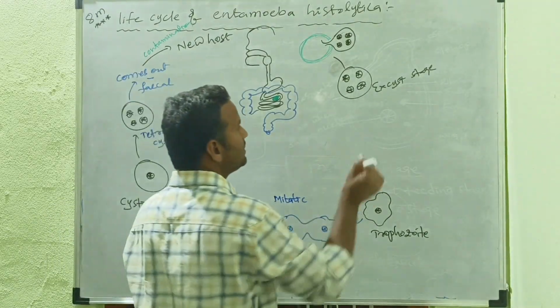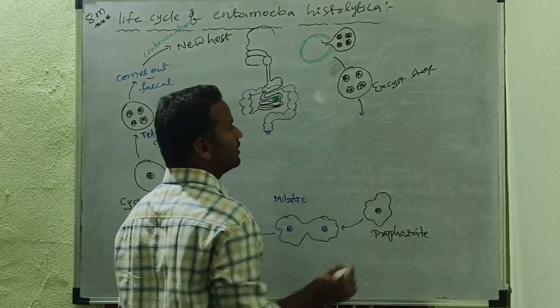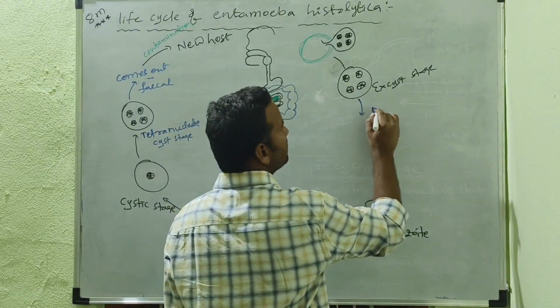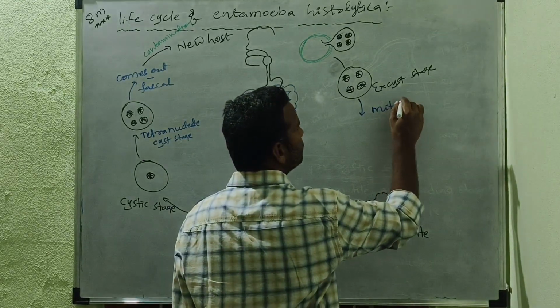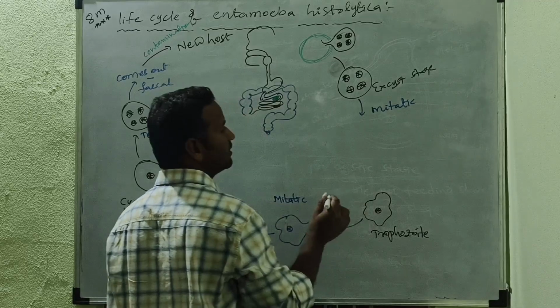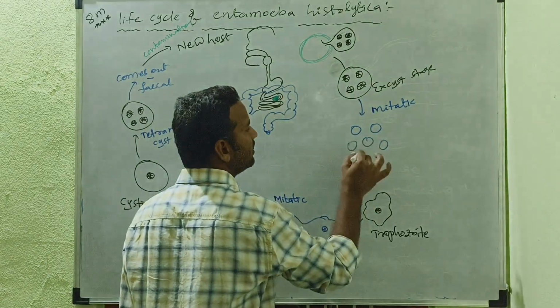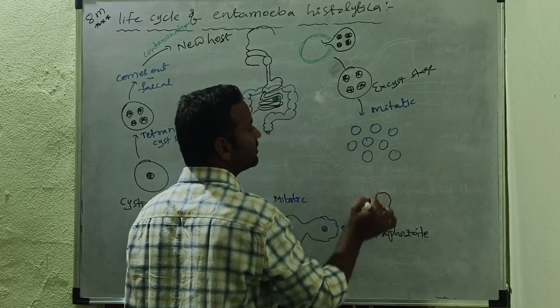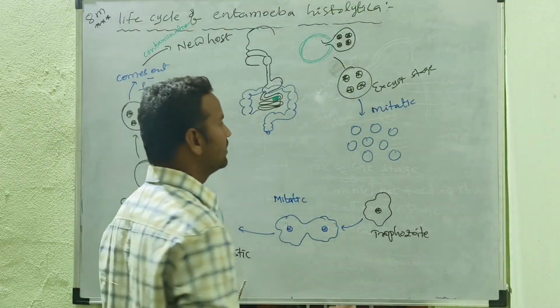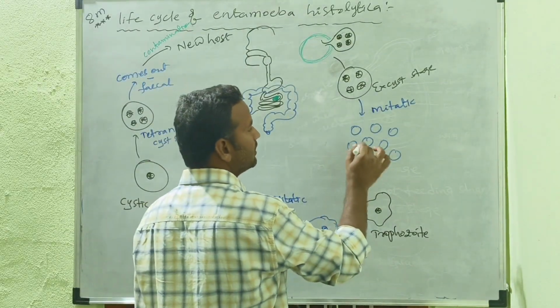Then it undergoes a mitotic division. As a result, it produces 8 daughter entamoeba.